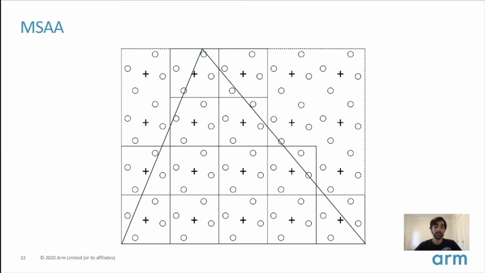And that means that we still have to run the fragment shader only once. We're not increasing our fragment cycles because we're still running only once, computing the color for the center of the pixel, but we're saving it to a number of samples. So as you can see here, for the samples inside the polygon, all the samples will receive the same value.